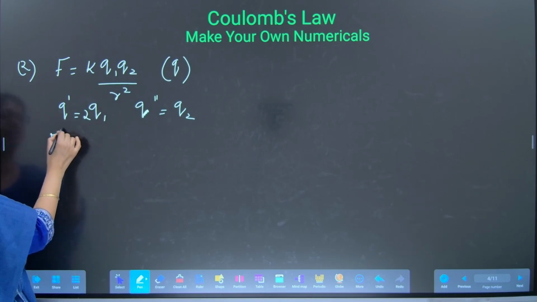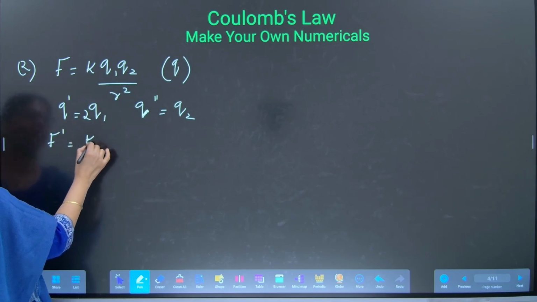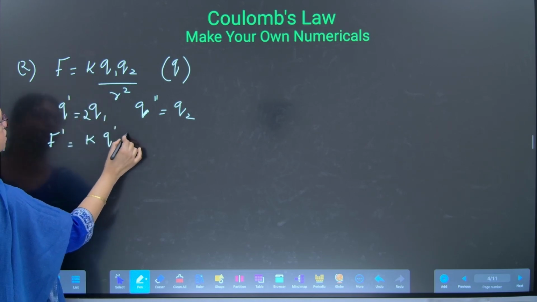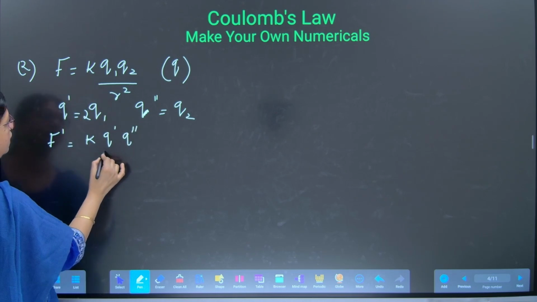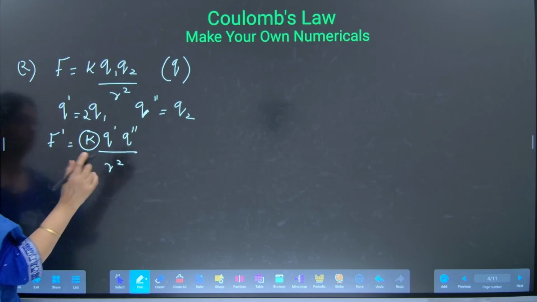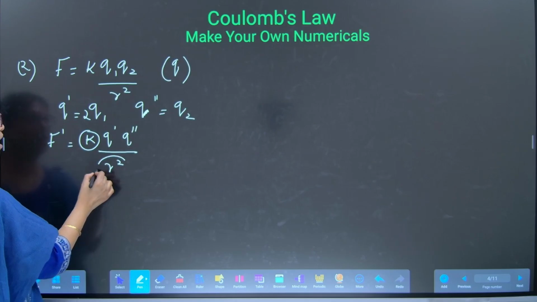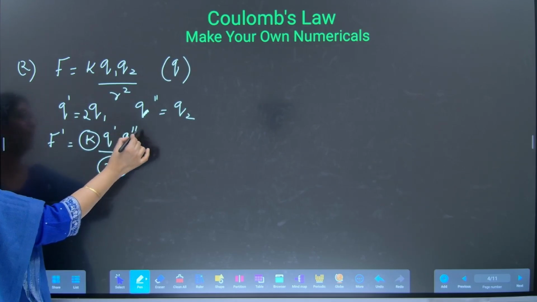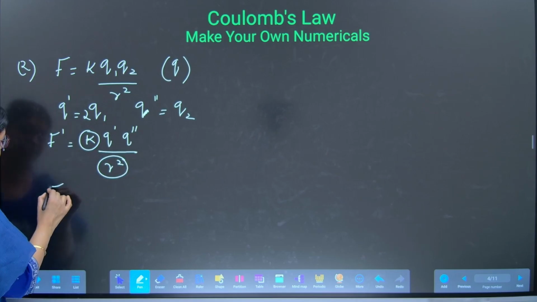So F dash is equal to K. Our formula becomes Q dash, Q double dash upon R square, keeping K as the same medium and keeping the distance R also the same. There is only variation in Q dash and Q double dash. Let us see the answer.